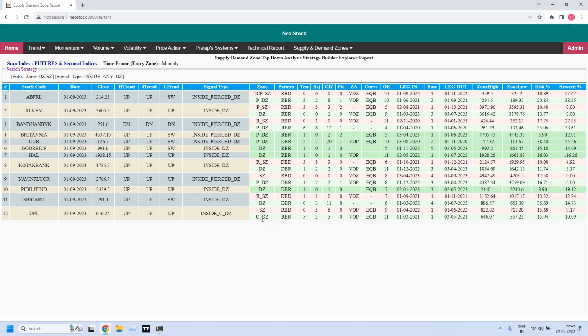So please have a look into this chart and find if any suitable daily demand zone is available within this high liquidity zone. So this is the only high liquidity zone available in this list. So let's go back.